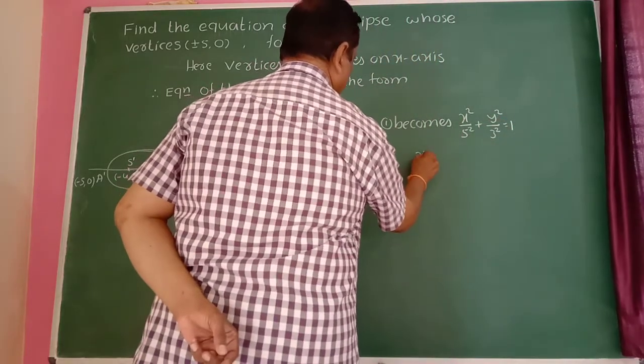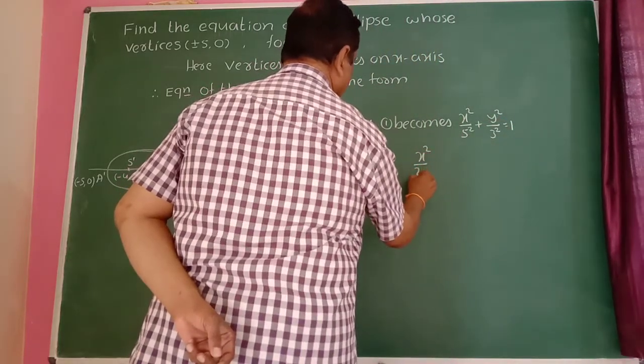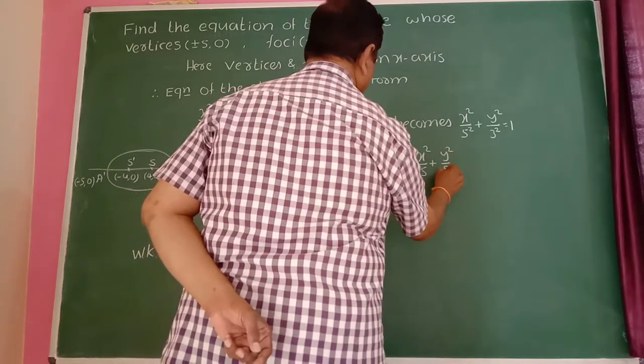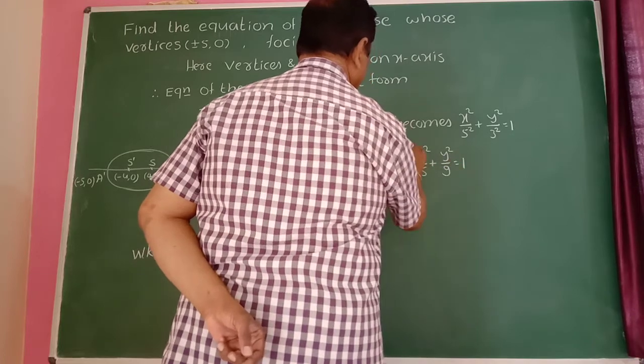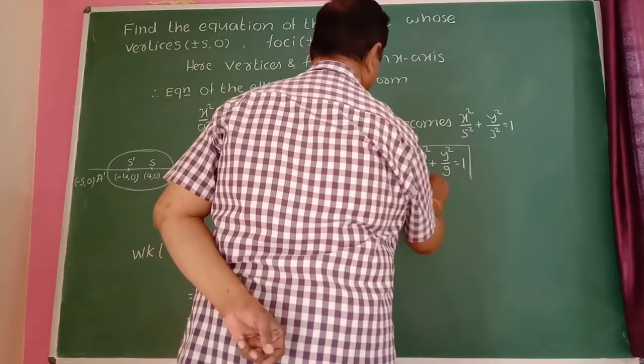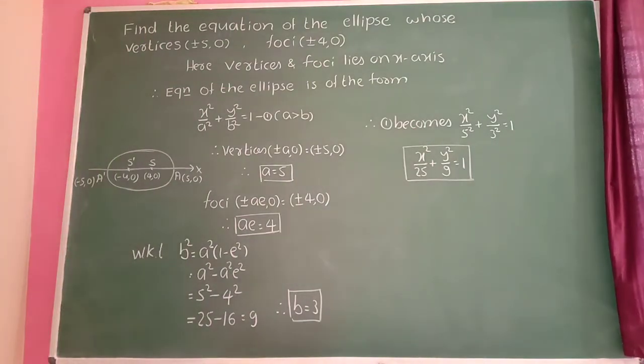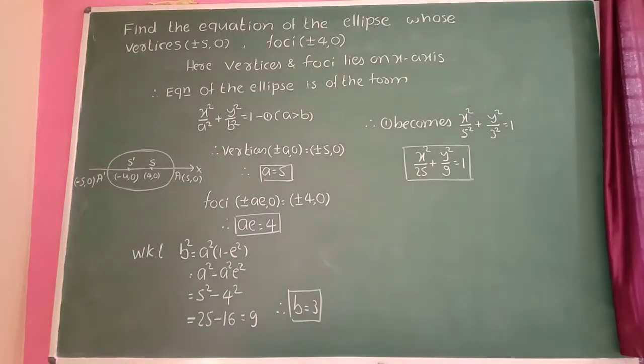That is x square divided by 25 plus y square divided by 9 is equal to 1 here. So this is the required equation of the ellipse.